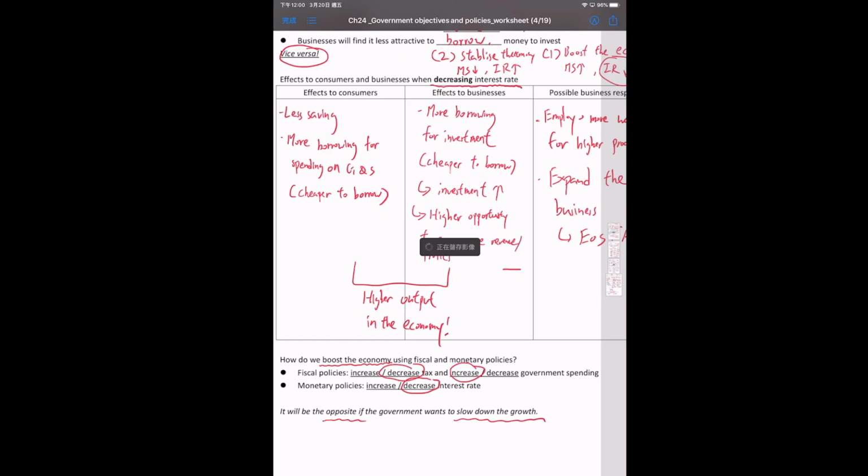I'm pretty sure even the British local public exam, they are not going to stop it, even though they said they would. I think they will just postpone the exam to June or July. Anyway, keep revising, and next week we will go to the final chapter, and hopefully we can finish it before April.